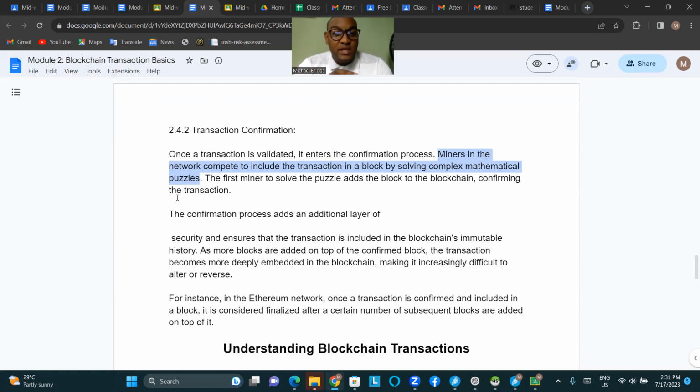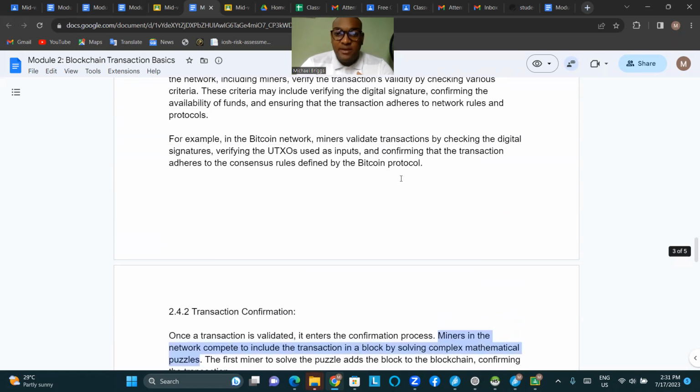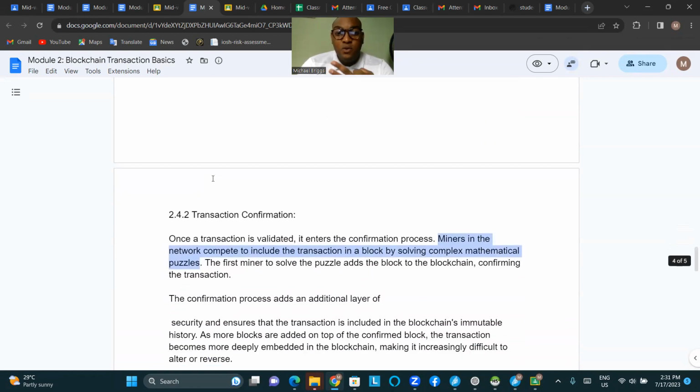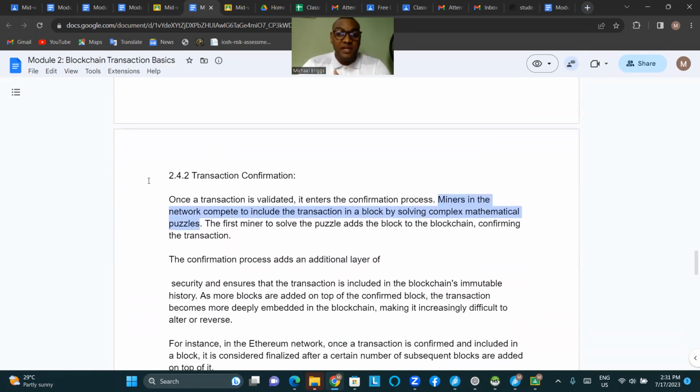It also checks if you are complying with the consensus protocols for that network. It also checks the address and the digital signature connected to the wallet the transaction is coming from. Once all of these are checked and everything matches, then it's validated.